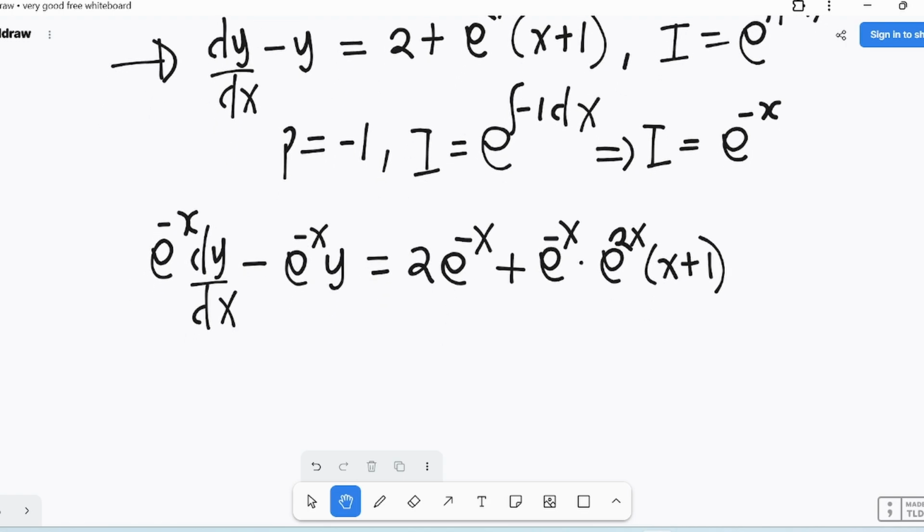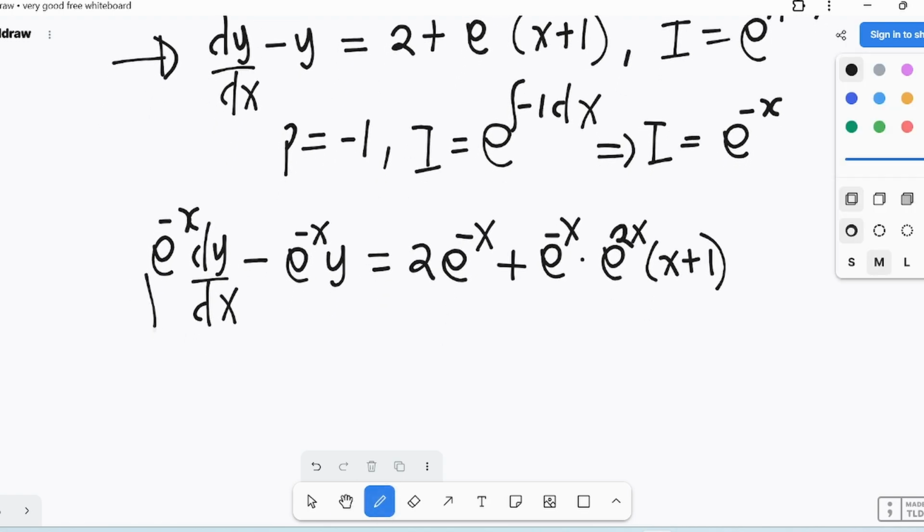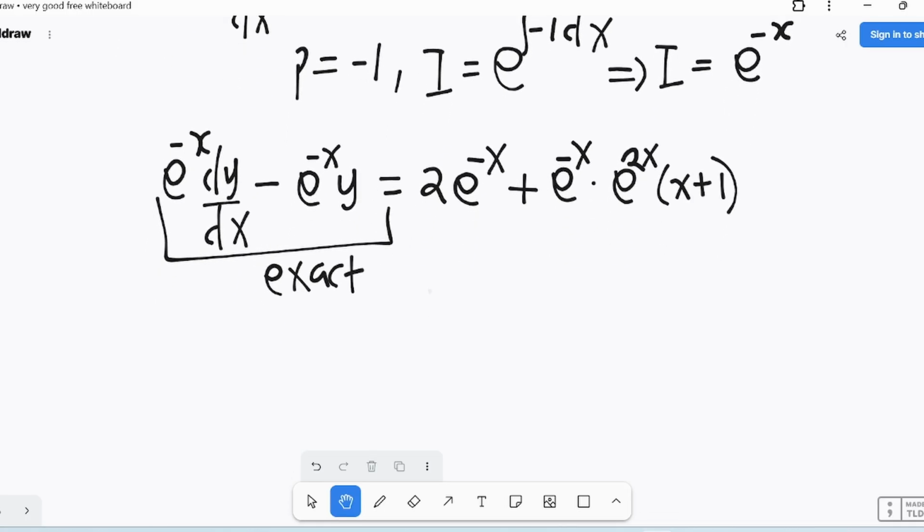When we multiply it throughout, we realize that this becomes an exact DE. If you haven't watched my video about exact DE, I'll link it in the description.